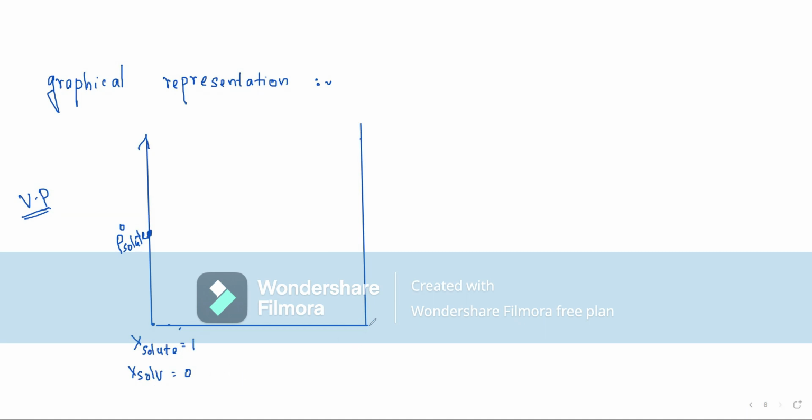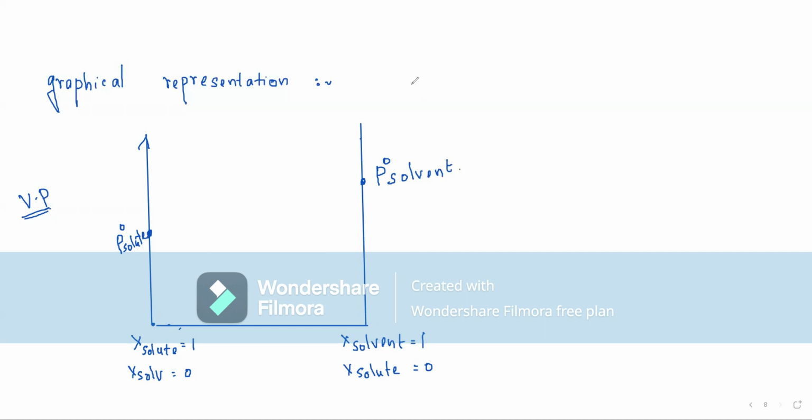Now, the other end represents x of solvent is equal to 1. Therefore, x of solute is equal to 0. So whatever vapor pressure I calculate here has to be P naught of the solvent. Correct?